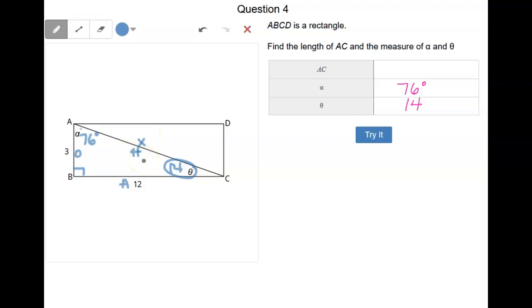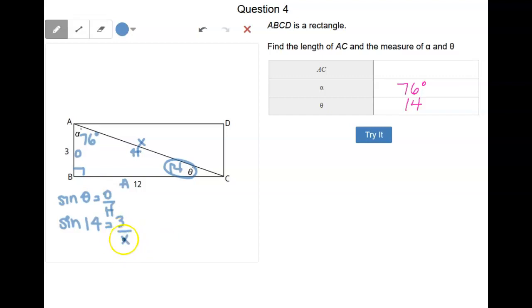So I can use sine or I can use cosine because both of those use the hypotenuse. So we'll just use sine. Sine of theta is equal to the opposite over the hypotenuse. So here's our opposite. Sine of 14 is equal to the opposite over the hypotenuse.